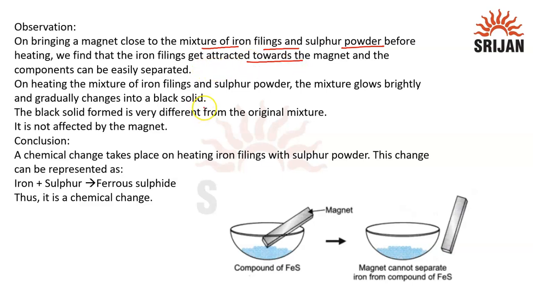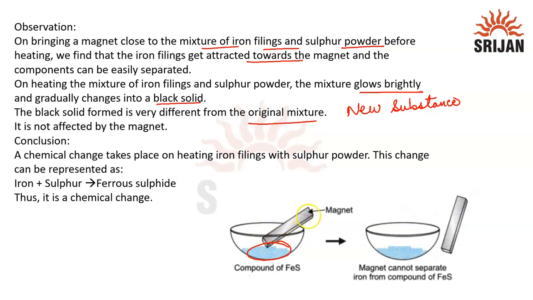But once we heat it, the mixture glows brightly and changes into a black solid. The black solid formed is different from the original mixture, so that indicates that a new substance has formed, and that new substance is iron sulfide, or ferrous sulfide, when iron and sulfur react.